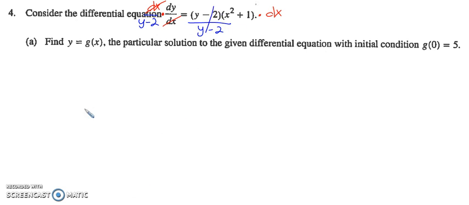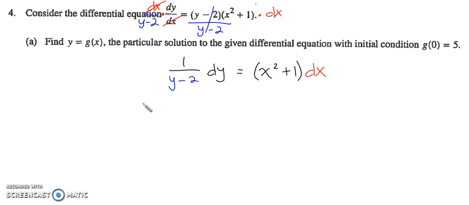You should have 1 over y minus 2 dy equals x squared plus 1 dx. So we've successfully separated the variables. All y variables are with dy, and all x variables are with dx. And we're going to integrate both sides.